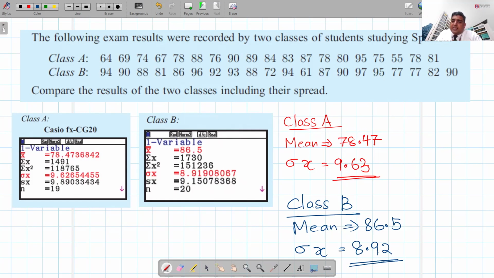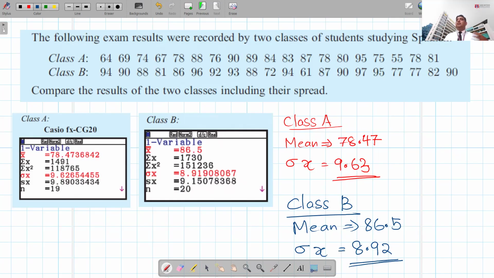And class A has a higher standard deviation than class B, indicating that the results in class A were more dispersed because it's more spread than the results in class B.